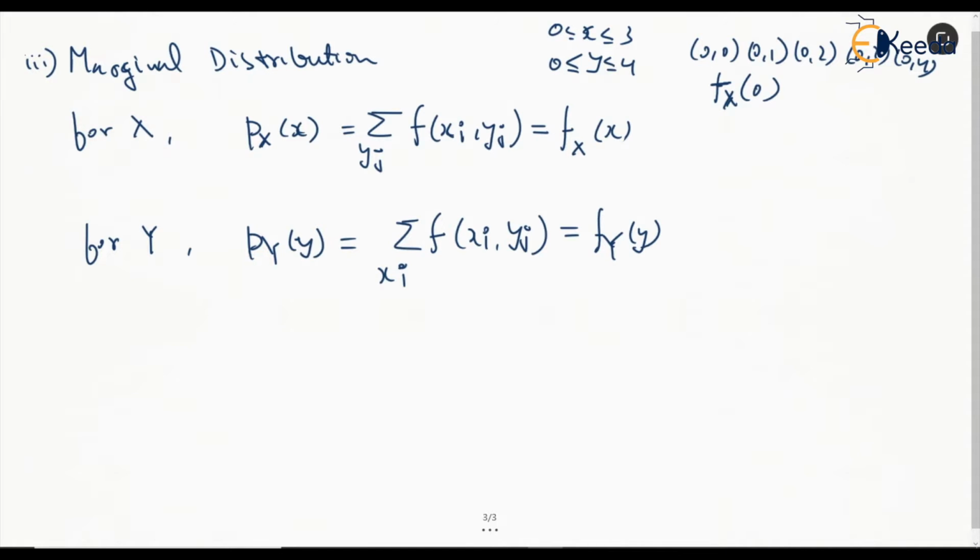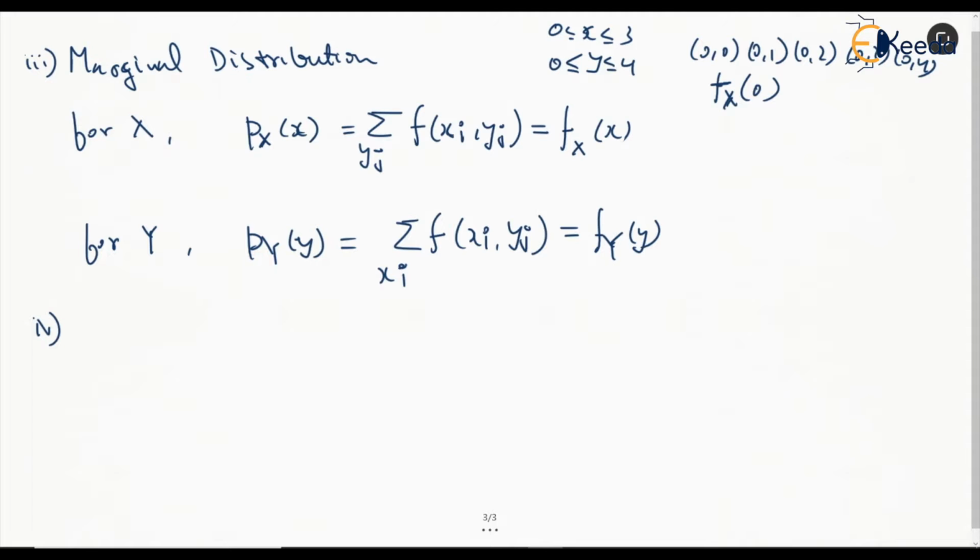So if we are trying to find the marginal distribution for y equal to 4, that means all the combinations for y equal to 4, that is x equal to 0 and 4, x equal to 1 and 4, x equal to 2 and 4, x equal to 3 and 4. All these combinations will have to be added, so that we'll get the marginal probability that y is equal to 4, right?